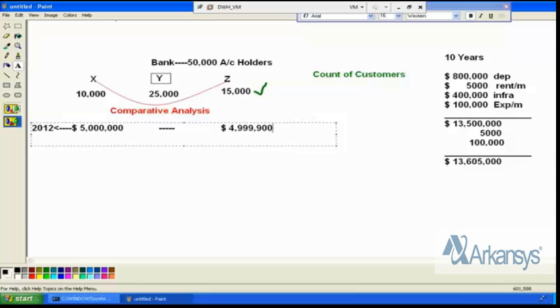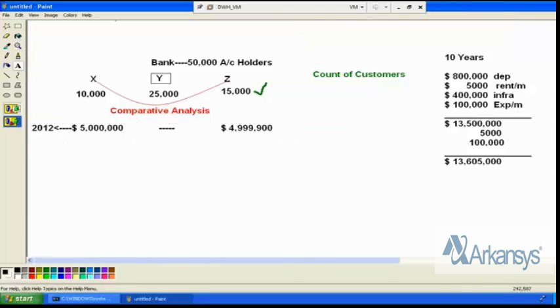Yeah, in between these two locations, probably. In between two means? Between X and Z. Like for example, my geographical location is in this way.